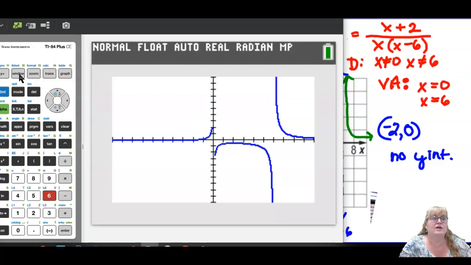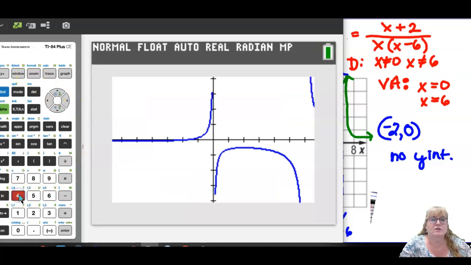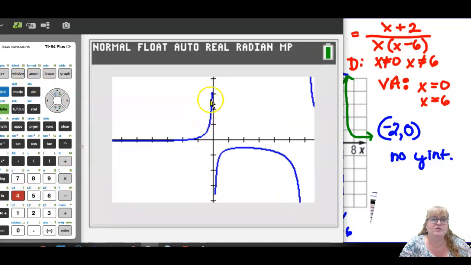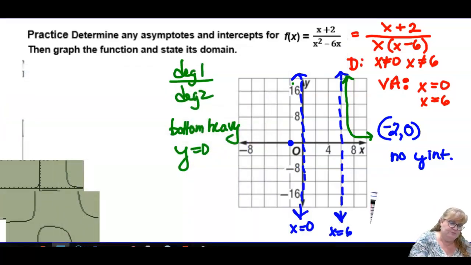Now, the other option is sometimes a zoom decimal. It'll show it a little bit better. It still looks like it stops, and you actually don't see this piece over here, but it doesn't stop, okay? As you get closer and closer to x equals 0, the y gets bigger or smaller, depending which side of the axis you're on.